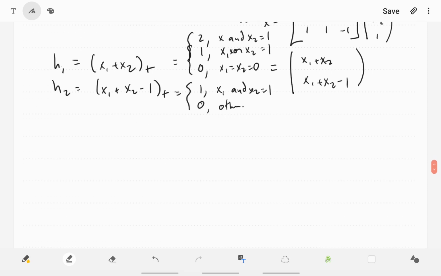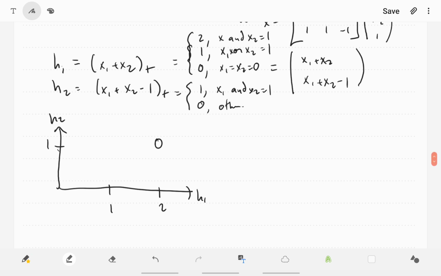So let's think about this data. If we look in the H1, H2 space, H2 is going to be 1 only when AND is true, and then H1, when both are 1, is going to be 2. So there's a 0 here if we look at the label in this H1, H2 space.